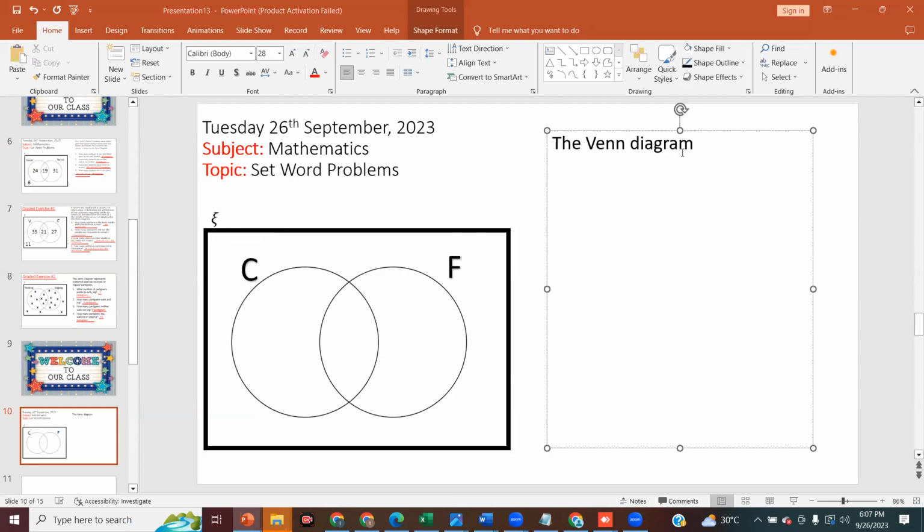The Venn diagram displays the number of customers who ordered chicken nuggets, and chicken nuggets is what the C represents, and French fries.